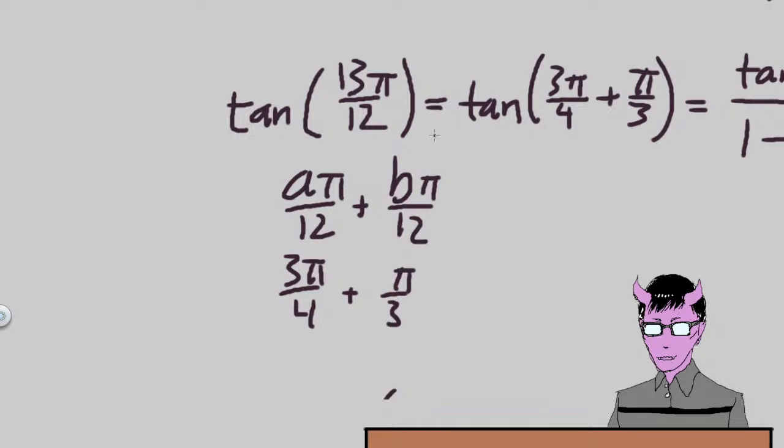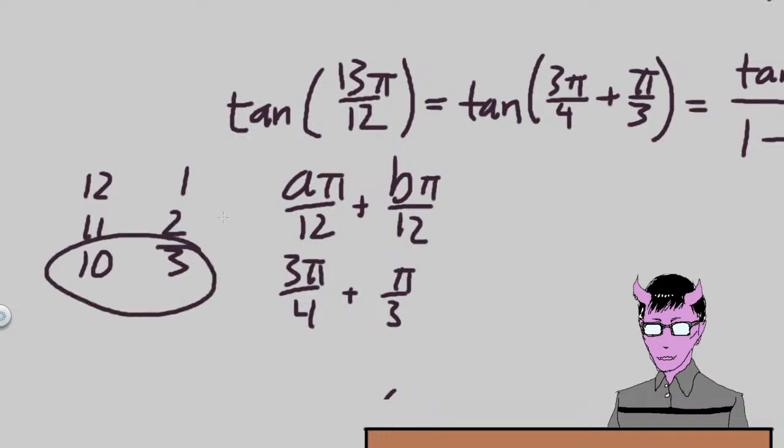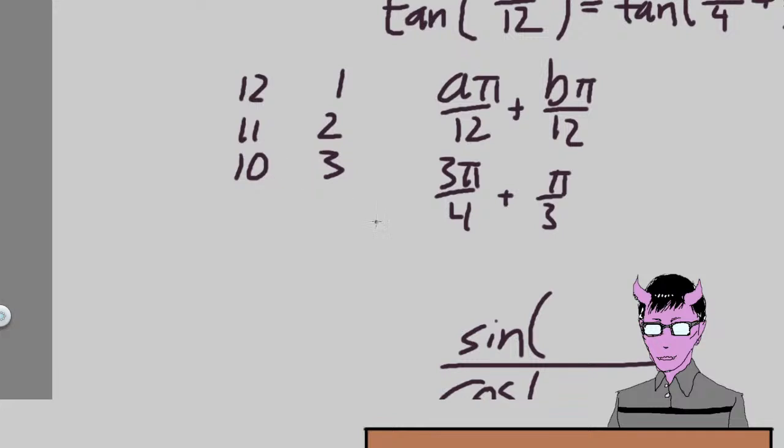Let me think. What splits 13, right? Let's just list them out. So we have 13 and 0, nope. 12 and 1, nope. We have 11 and 2, that's not good. 10 and 3, you know what? This one's good. Yeah, that's perfect. Because 10 is divisible by 12 to a certain part of it, and then 3 and 12 is simplifiable. So let's do it like that.